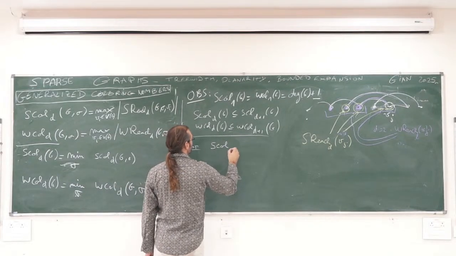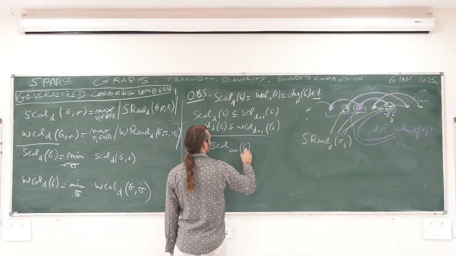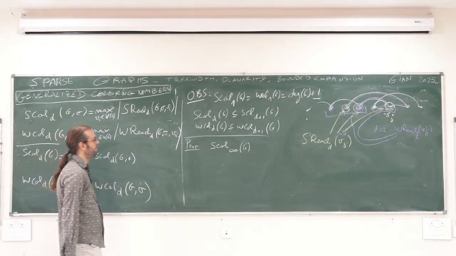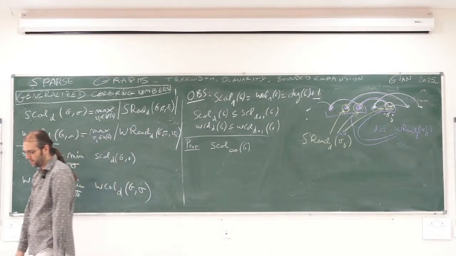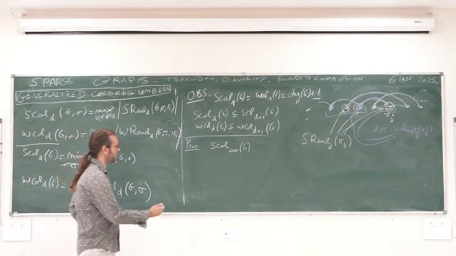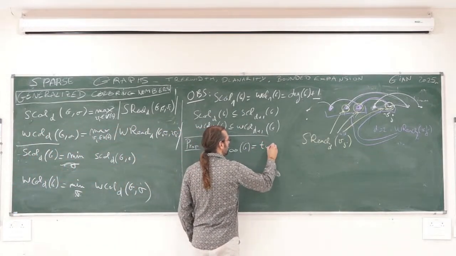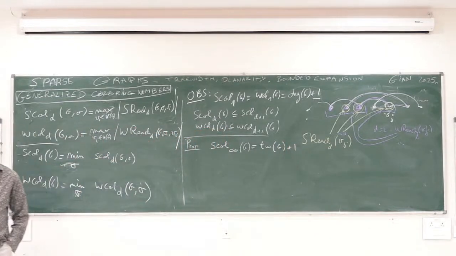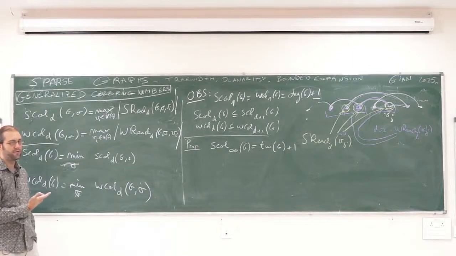The strong coloring number, more restricted, is equal to the treewidth of G plus 1. So what we are doing here, given these orderings, is actually equivalent to things like treewidth.